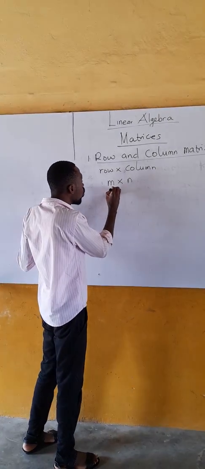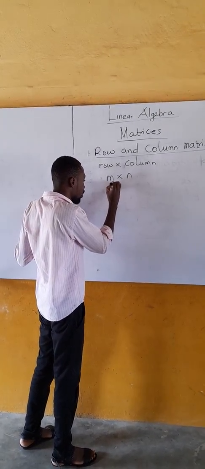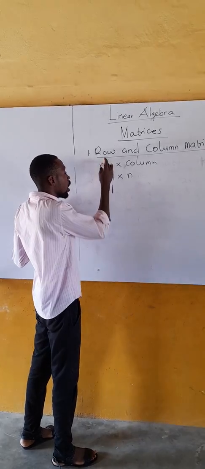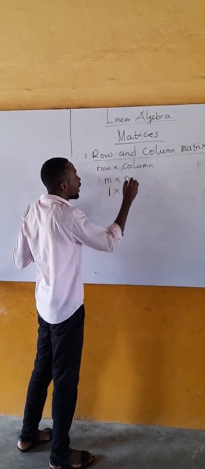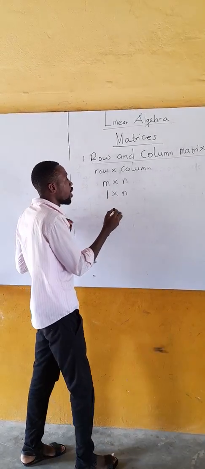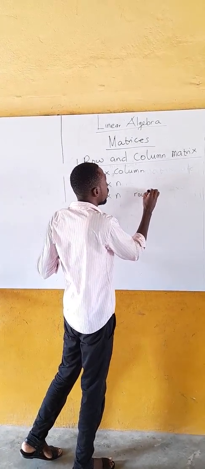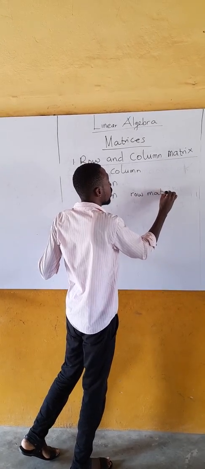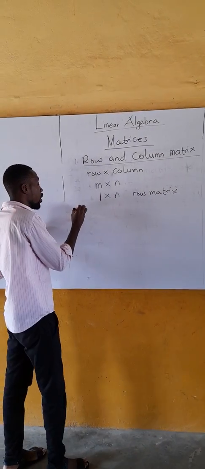So if I have only one entry in the row, but another number of entries in the column, we call such a matrix a row matrix.